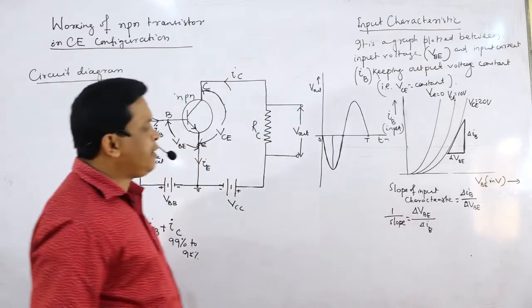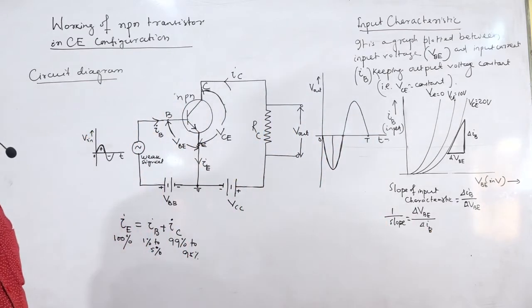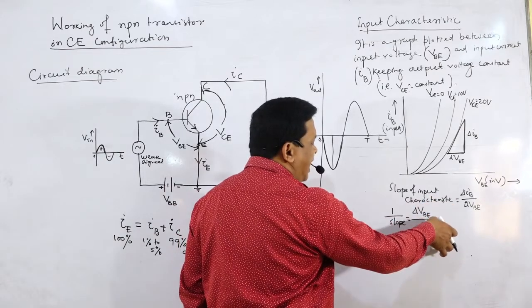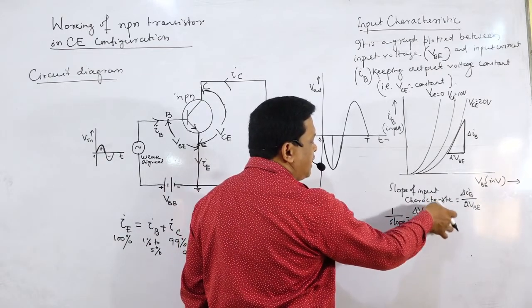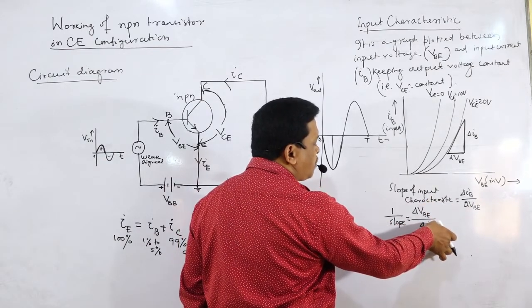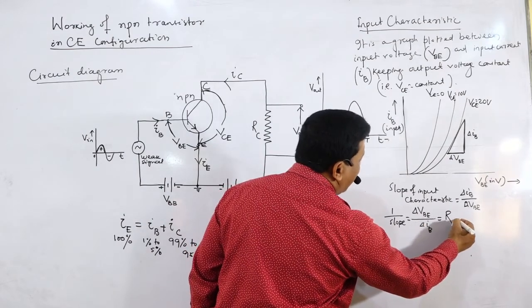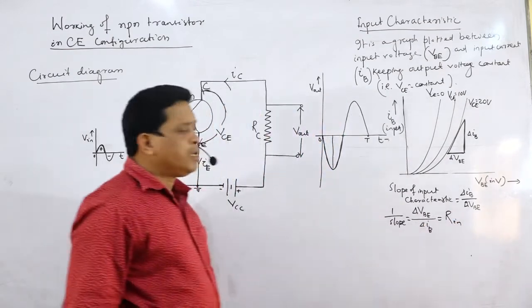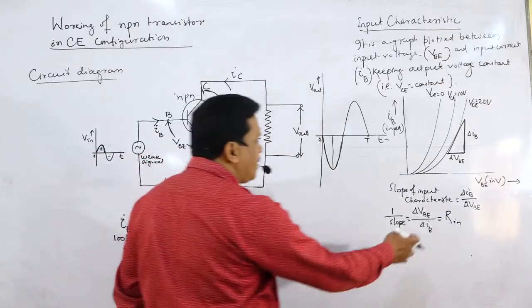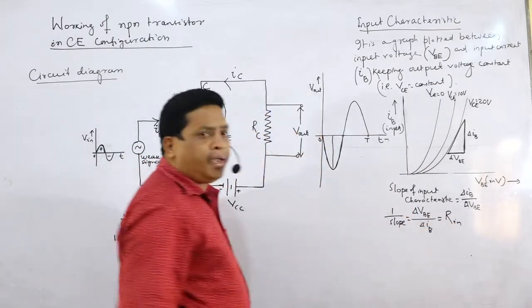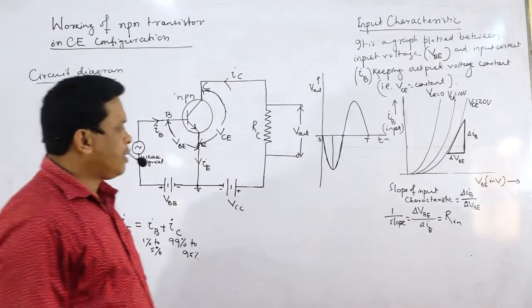Here this is the input voltage and this is the input current. Therefore input voltage by input current is known as input resistance Rin. So the input resistance is the reciprocal of the slope of the input characteristic.